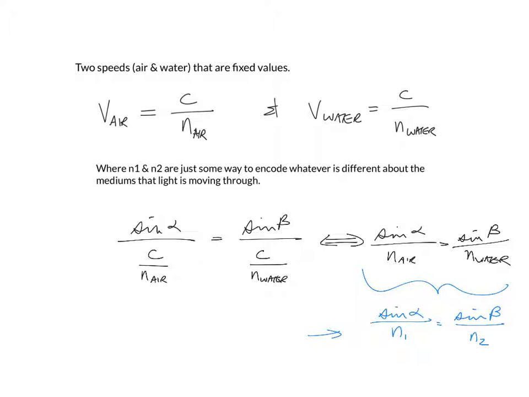So we generalize the medium, because whether it's air or water or glass or jello or whatever it is, it's going to be different. That material will have a property that causes light to behave in a different way than the other material. All right? And so this is Snell's law right here.